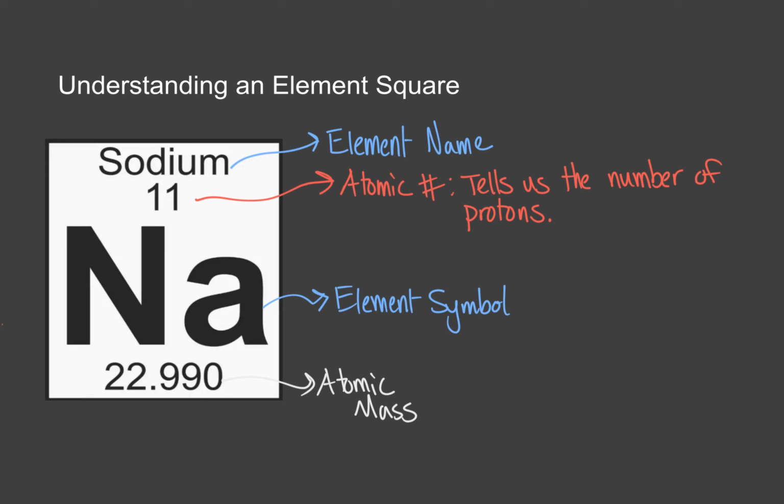They have a charge of 0. But 11 protons gives us 11 positive charges. So to cancel out each of those positive charges, we would need a negative charge. So this also then tells us the number of electrons.